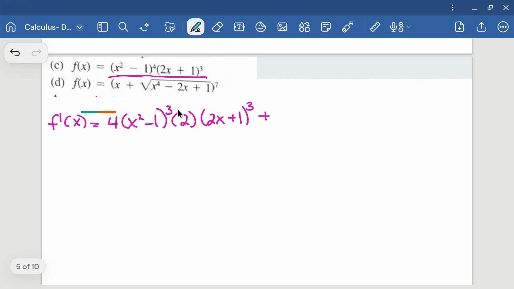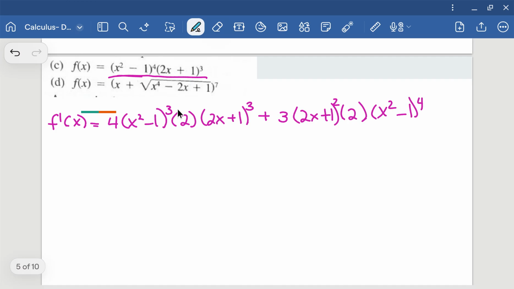Now I add on the derivative of the second binomial, so 3 times 2x plus 1, using the chain rule, multiply that by the derivative of the inside, and then multiplying it by, I keep forgetting to take away one exponent, and then I multiply it by the original term of the first binomial.